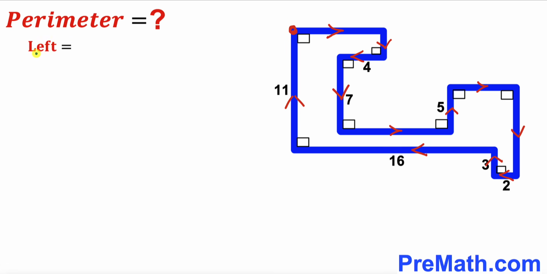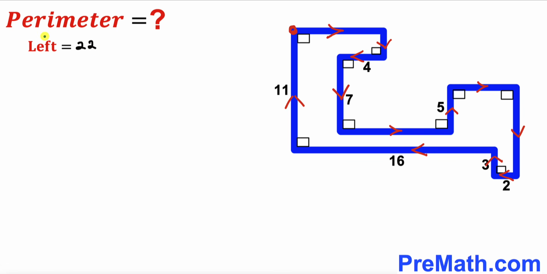So let's go ahead and focus on the left hand side direction. And here we can see our left hand side direction is this one, and this one. So therefore we are going to add these numbers, 4 plus 2 plus 16. And if we add these numbers, that is going to give us 22.